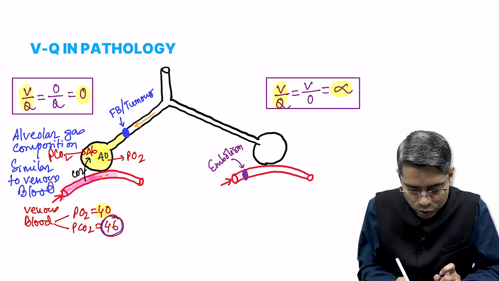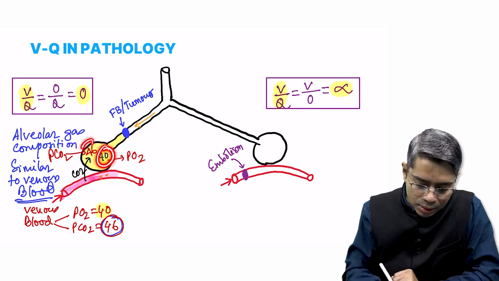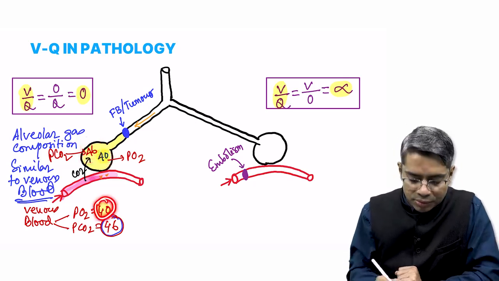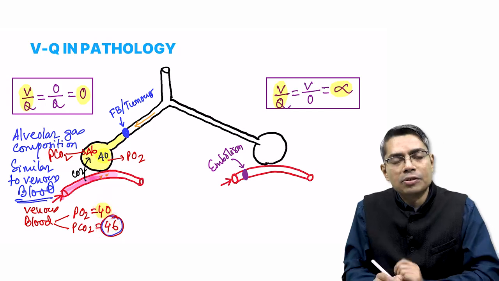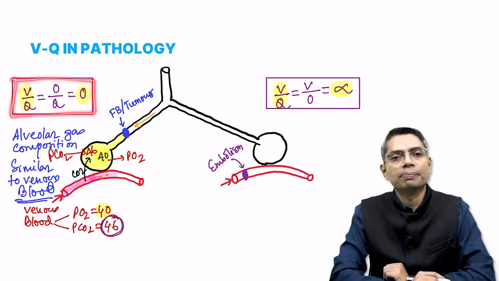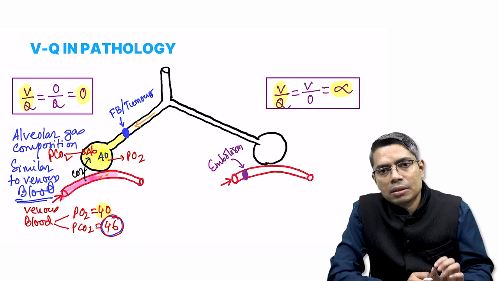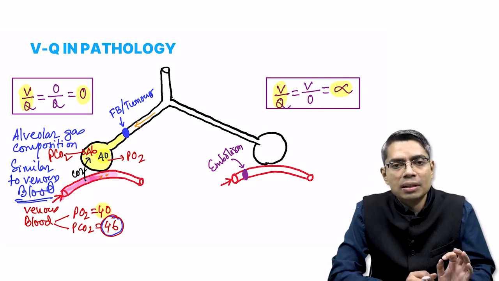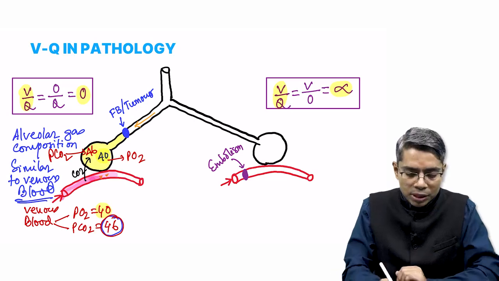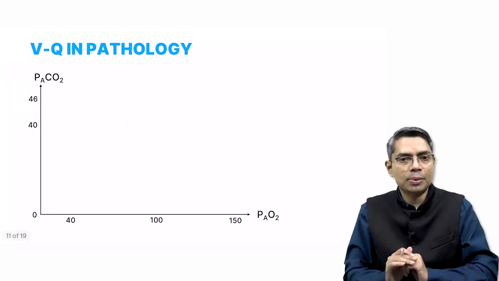Getting my point? If you look at the alveolar gas composition, partial pressure of oxygen is 40, carbon dioxide is 46. Same for the venous blood, 40 and 46. So that's why we say that whenever your VQ ratio is 0, the alveolar gas composition is similar to the venous blood gas composition. Now we are going to plot this concept in a graphical representation.